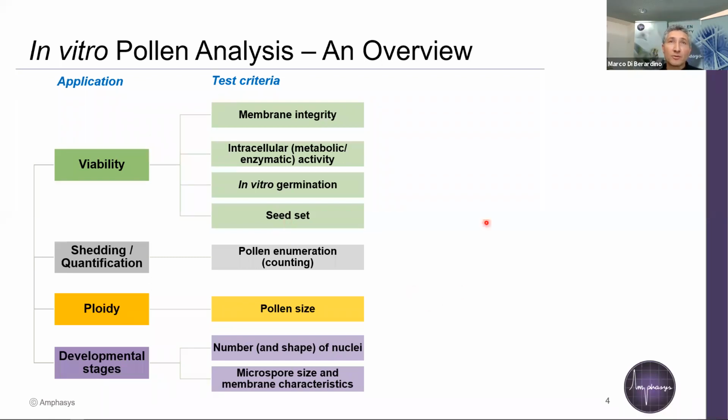Other test criteria, of course, are pollen size and pollen count when you're looking at the quantification, and ploidy level, and also the nuclei shape or number, or even microspore size and their electrical membrane characteristics if you have a look at the developmental stages.